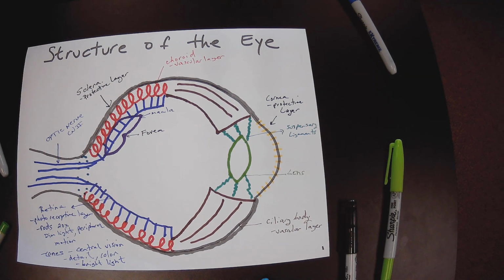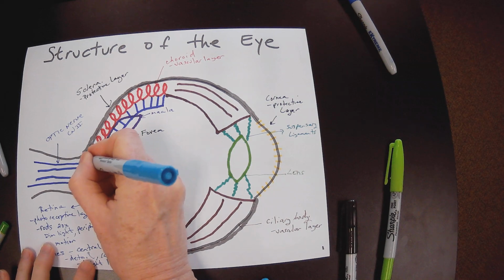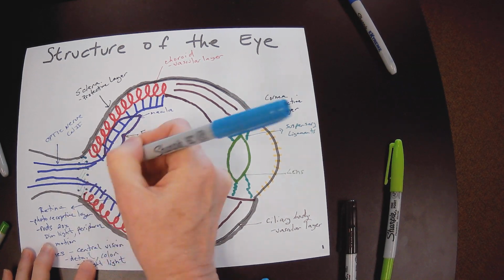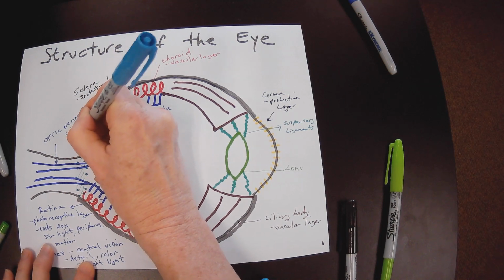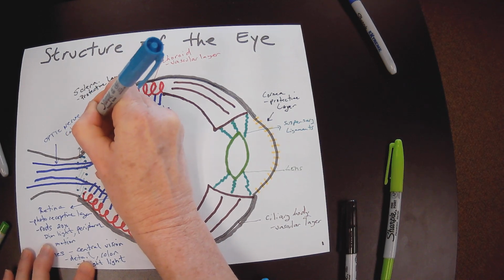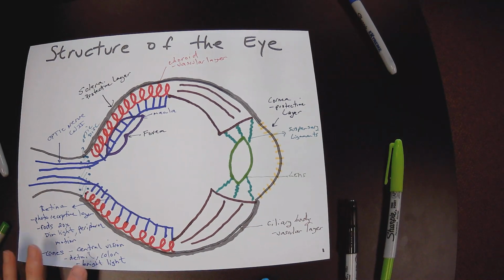And that hole actually creates a blind spot. Okay, so the hole is here, where that second cranial nerve comes through, and that's known as your optic disc. And since you have a hole there, it's actually part of your brain's job to fill in that hole with what it thinks the image should look like. It's kind of cool.